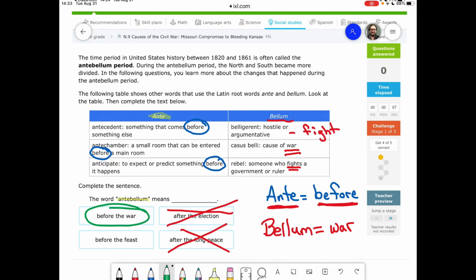Now, what war are they talking about? Well, specifically, if you look at the time period, 1820 to 1861, in 1861, the Civil War began. So this antebellum period is referring to the time before the Civil War.